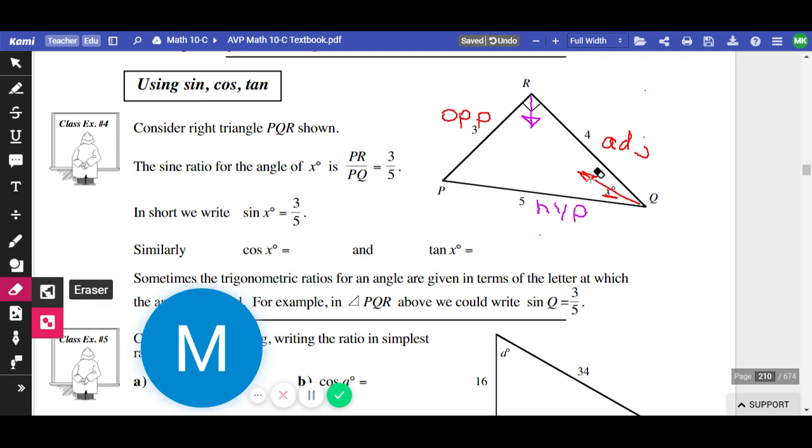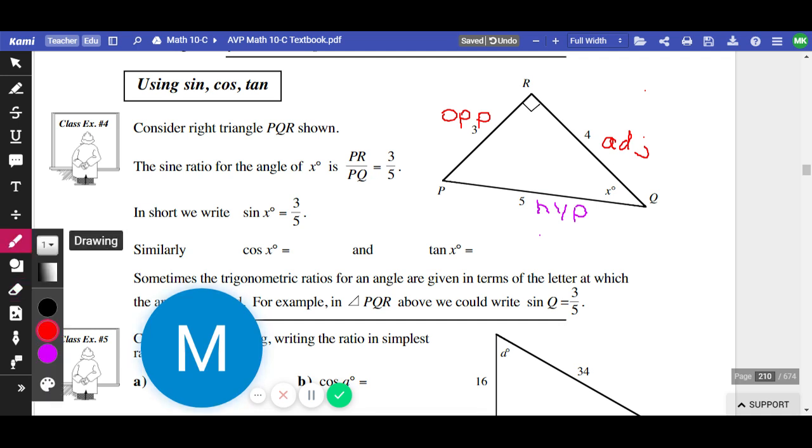Awesome. Let's talk about the primary trig ratios for this. Now, in the previous example, I said sine ratio equals, which is kind of silly to have to write all that out. So the way we would shorthand that, instead of saying sine ratio, I would write it as this.